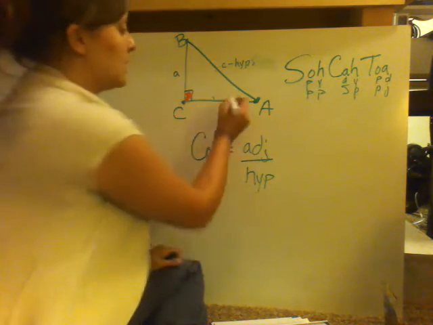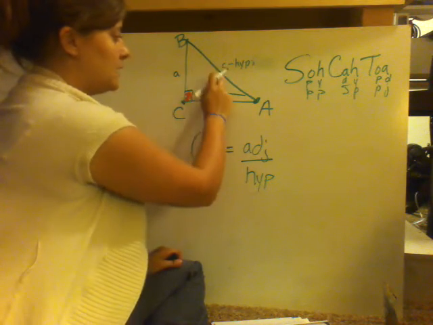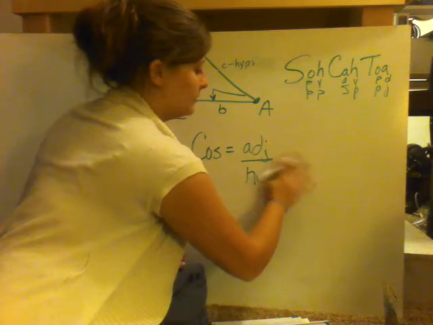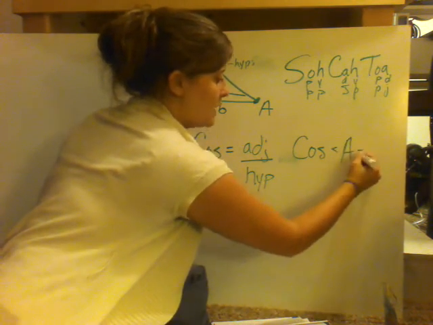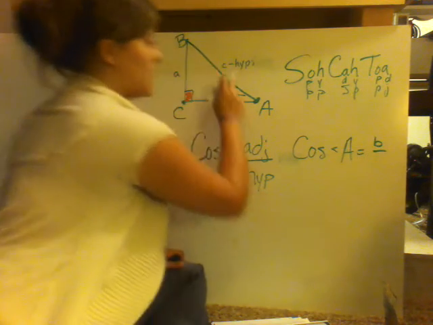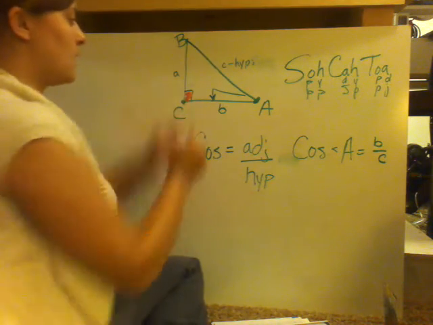So looking at this, B is my adjacent, and C is my hypotenuse. So for angle A, cosine of angle A is equal to adjacent B over my hypotenuse C.